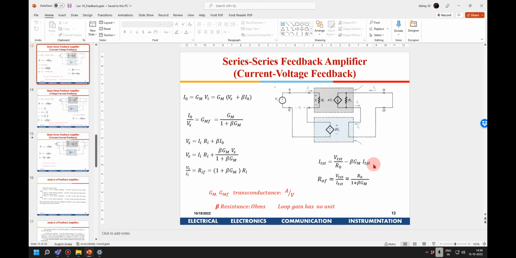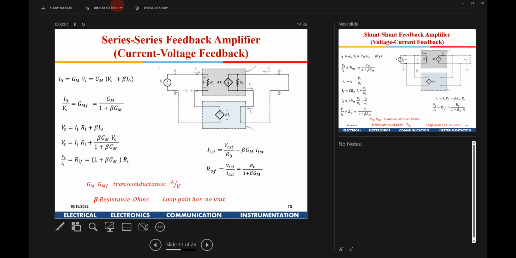So I test is equal to V0 divided by R0. I'll do the amendment in this slide before I upload it. When I'm taking it in series, ROF will have this in the numerator portion. So I'll do that amendment and post it accordingly.